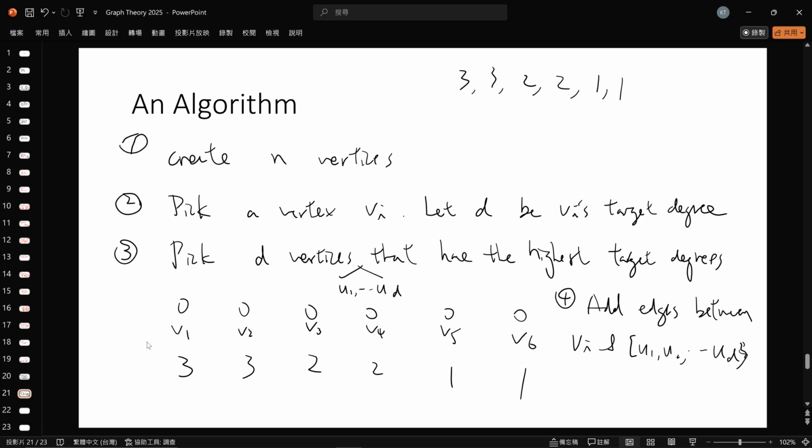Do you have any specific idea on how to choose this vertex? 我们刚刚 V1 我是随便选的，随便选一个离我最近的。So we can choose anyone that you like. So I'm going to pick any vertex.